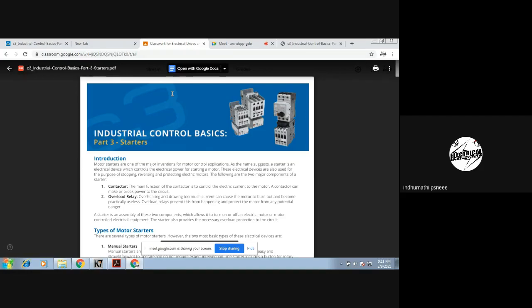That is the no voltage relay coil. So three components are common in all the starters. These are only for protective purposes, that is, for machine protection.